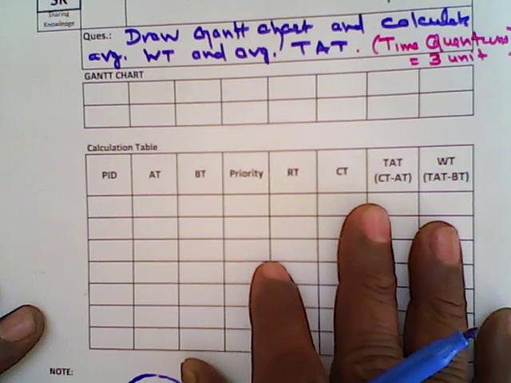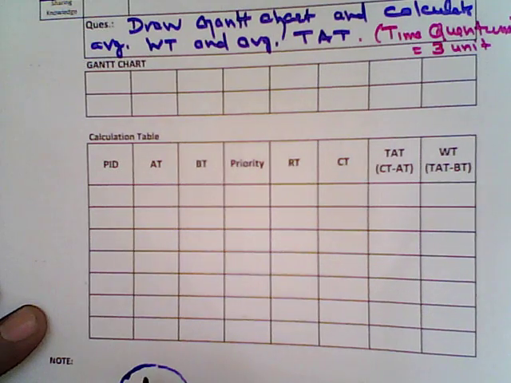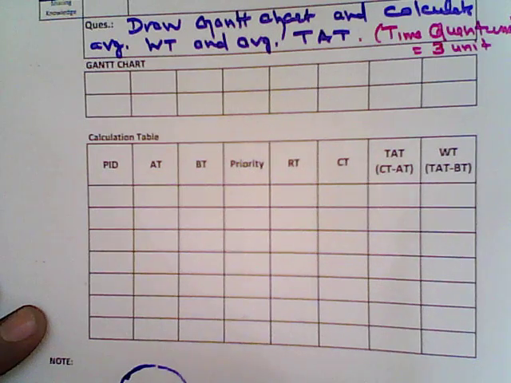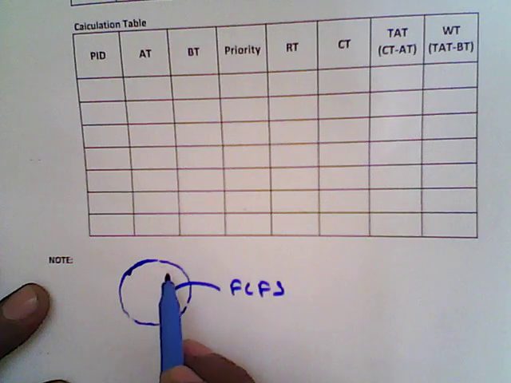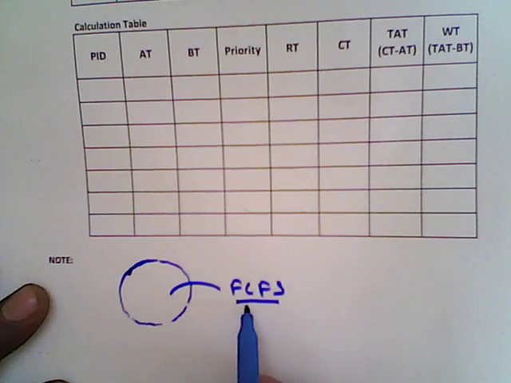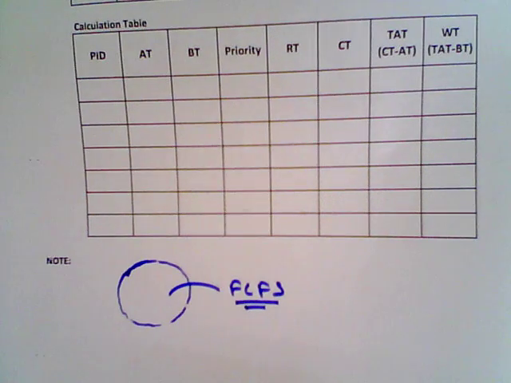As the name indicates, round robin is almost like a ring structure, as I have shown over here, and it resembles the FCFS scheduling algorithm which you have studied earlier, that is first come first serve.